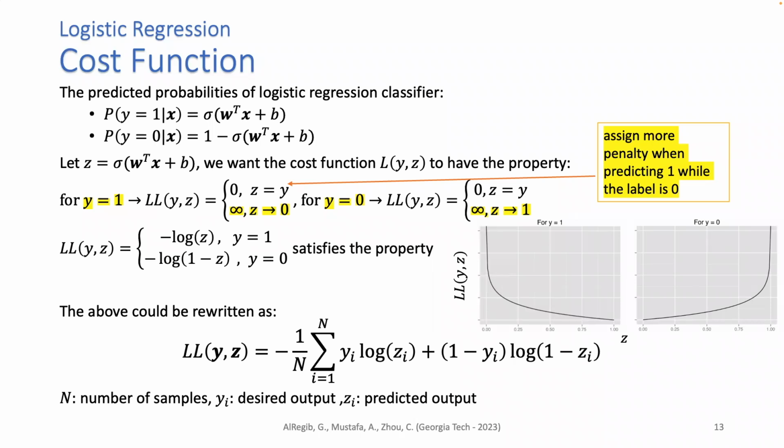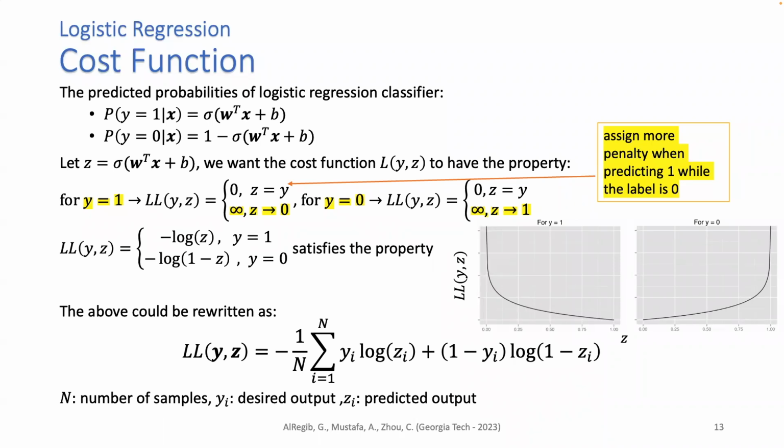In this case, I want this cost function to be equal to 0 if the output of the sigmoid is the same as the ground truth. That means I have this correct. If it's correct, I don't have to pay any penalty. My cost value is 0. Does that make sense?